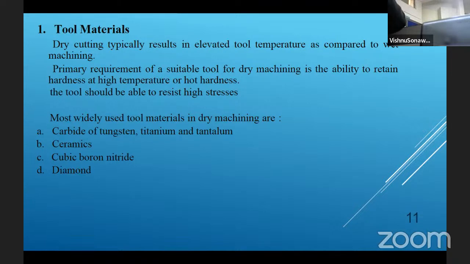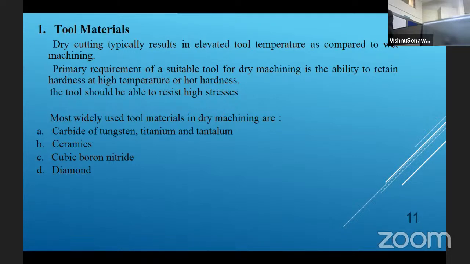Here, the cutting tool materials most used in dry machining are tungsten carbide, titanium carbide, tantalum tungsten carbide, and ceramics, cubic boron nitride, and diamond materials.